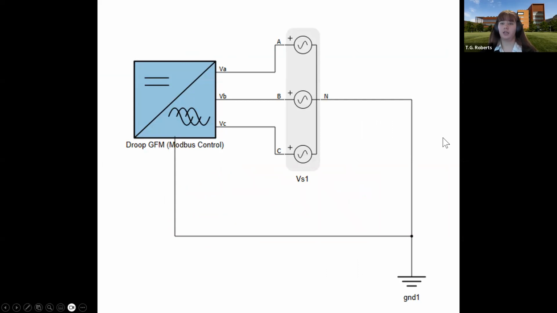So this is a very simple test system that is showing a proof of concept of the synchronization algorithm that we've developed for a droop-based grid forming inverter connecting to an infinite bus. What you will see in the next slide is a video of the Typhoon HIL SCADA system where we can monitor the voltage and power exchange between these two components.